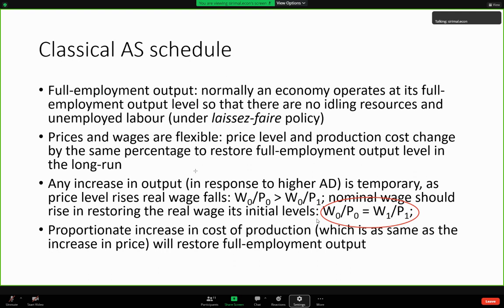And when that adjustment takes place, of course, your original real wage level, which is W naught over P naught, is equal to the new real wage level.